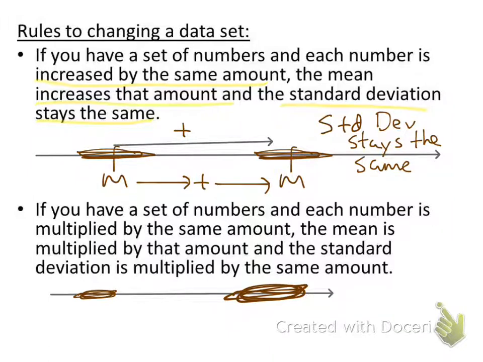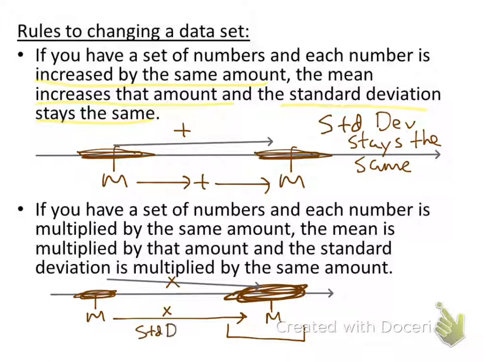So as we multiply, we're taking the mean, and that gets multiplied, but the amount that the values are apart also gets bigger. They've actually stretched out. Where they might have been very close before, since they multiplied, they get bigger, so they're actually further apart now, and the standard deviation is multiplied by the same value.